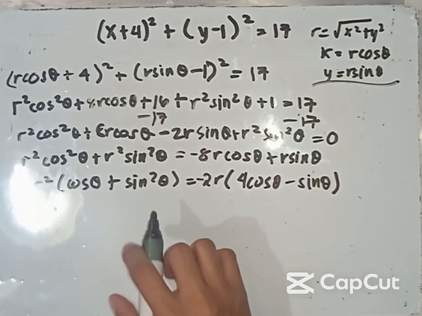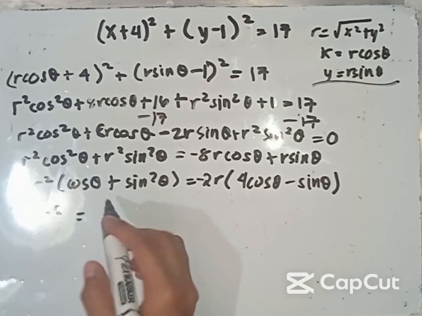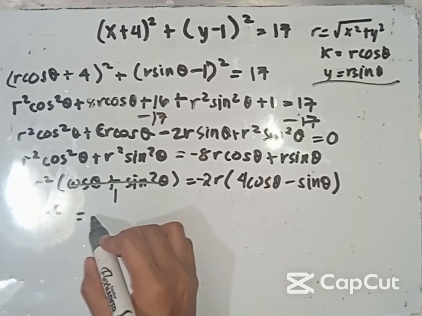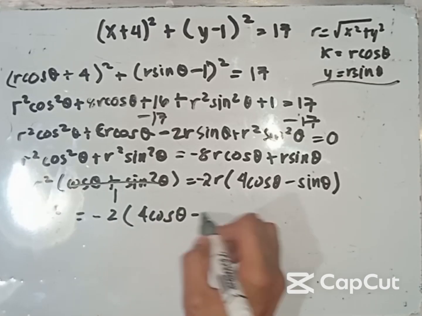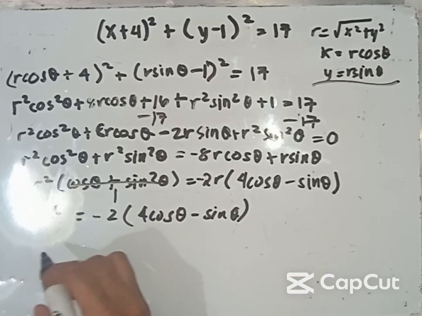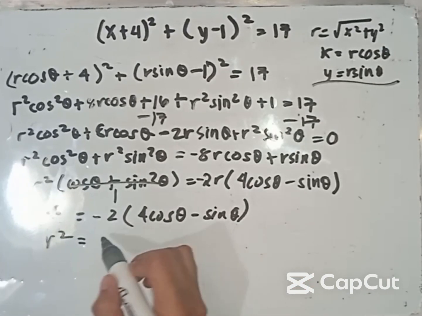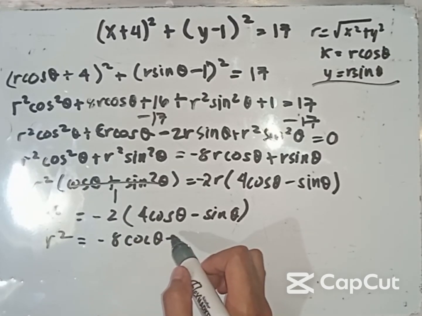So this would give us r squared times cosine squared theta plus sine squared theta. That is simply 1, equals negative 2r times 4 cosine theta minus sine theta. So let's distribute, giving us negative 8 cosine theta minus sine theta.